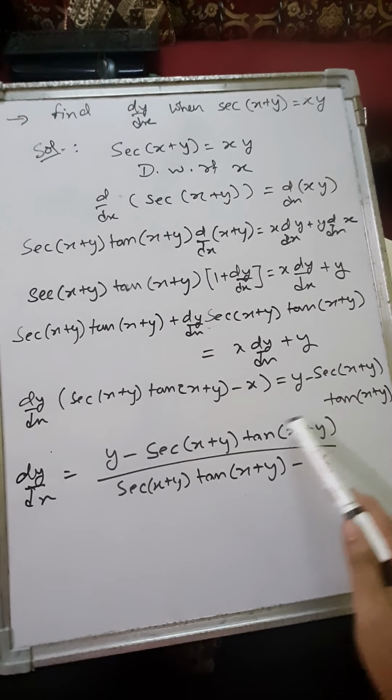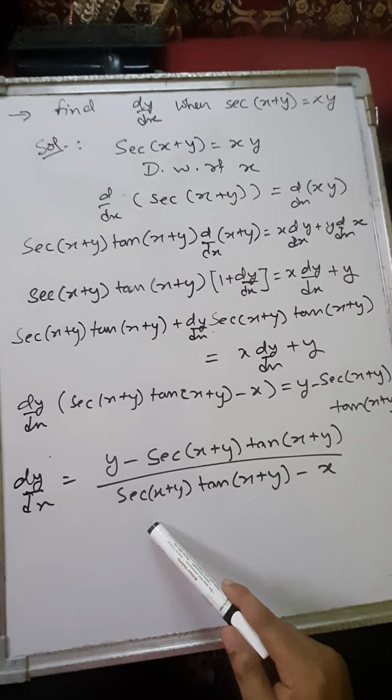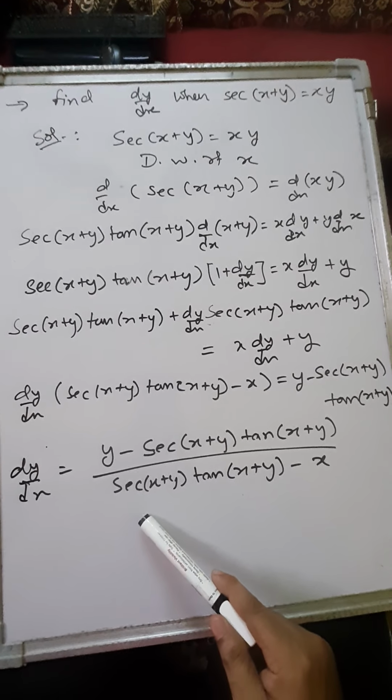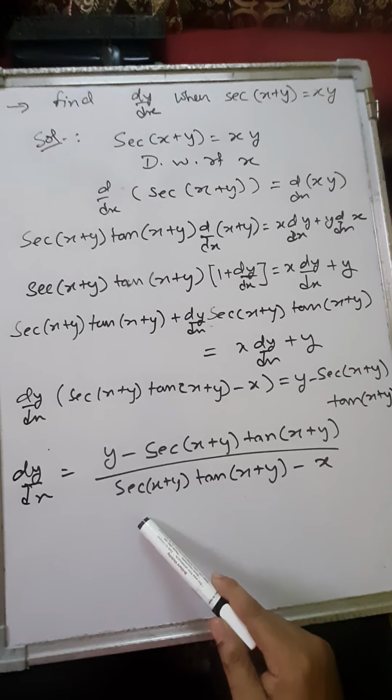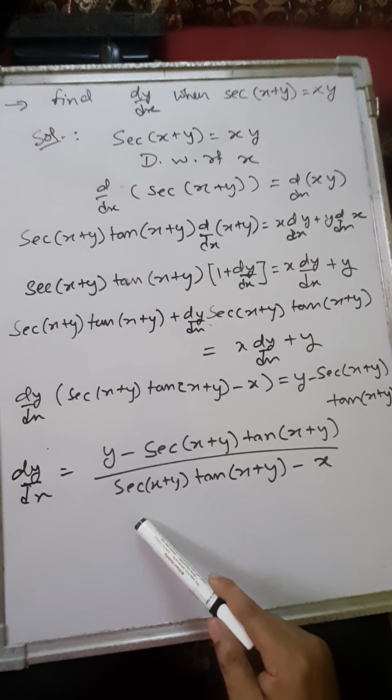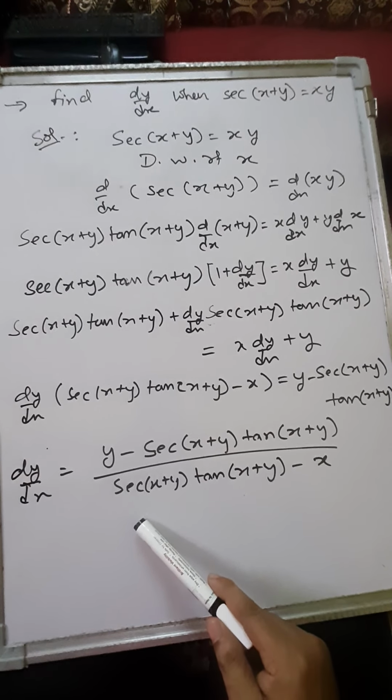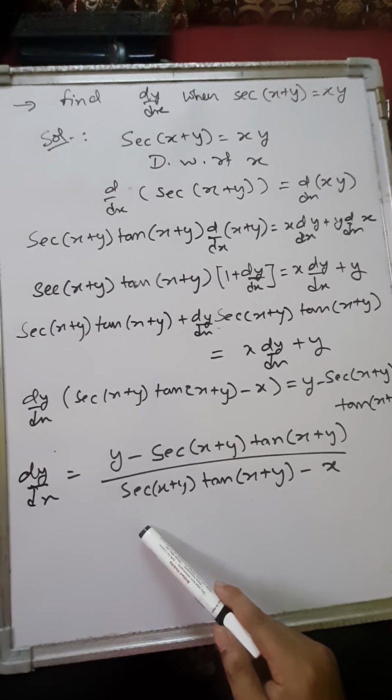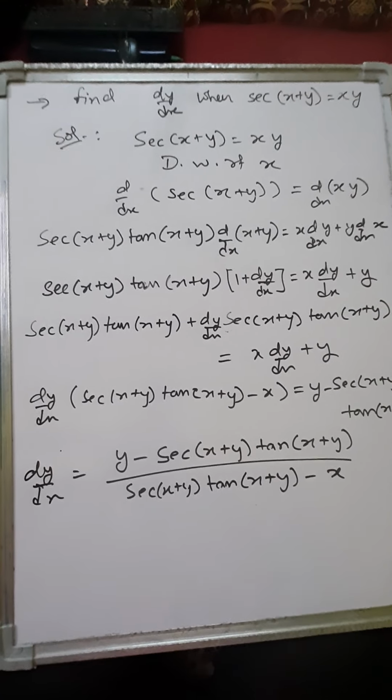Now we can calculate the value of the derivative asked: dy by dx equals y minus sec of x plus y tan of x plus y, upon sec of x plus y tan of x plus y minus x. Right, children? Note down, please.